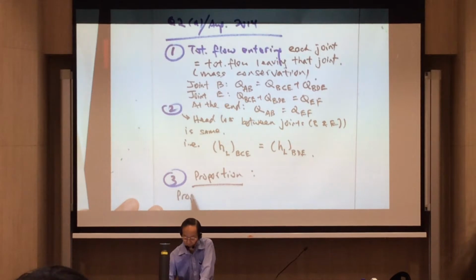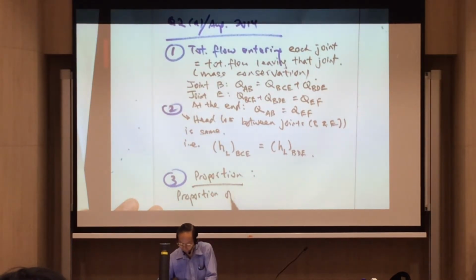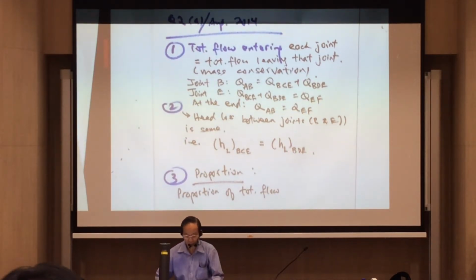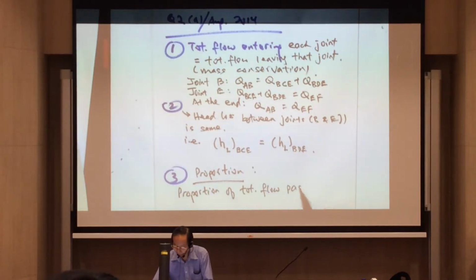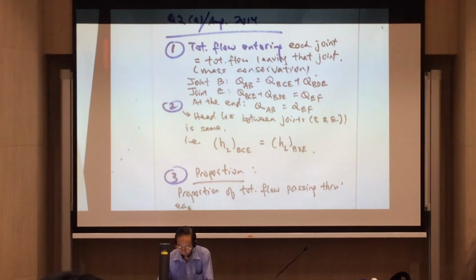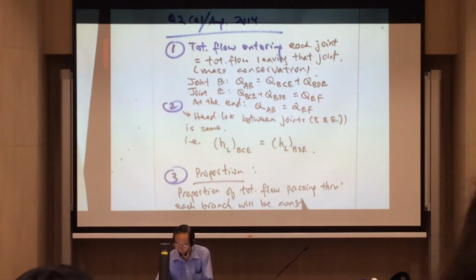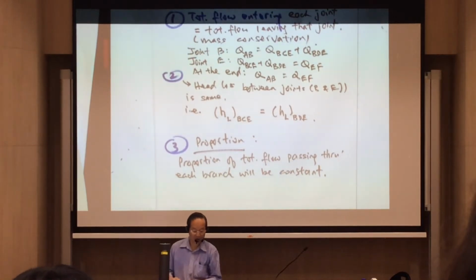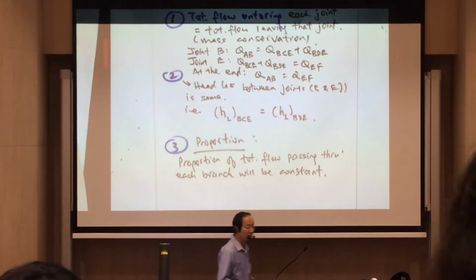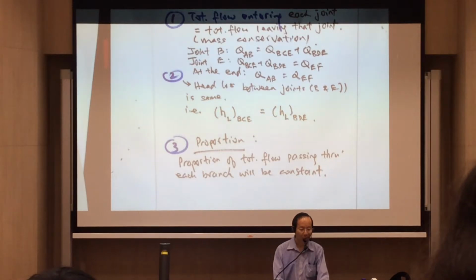So the proportion of total flow passing through each branch will be constant. So what does that mean?